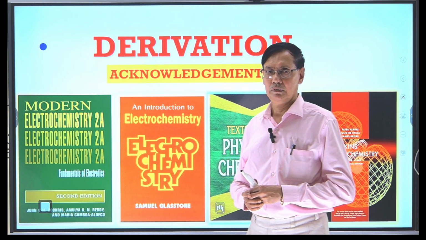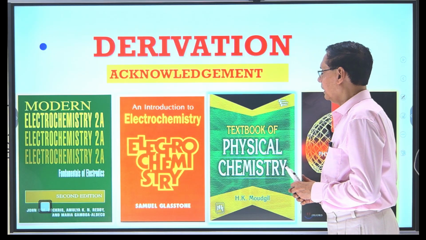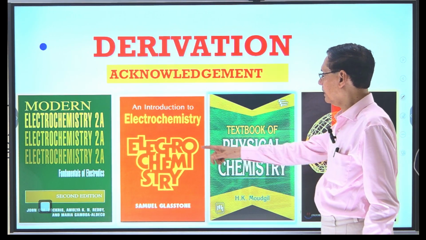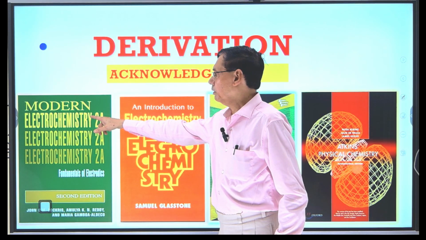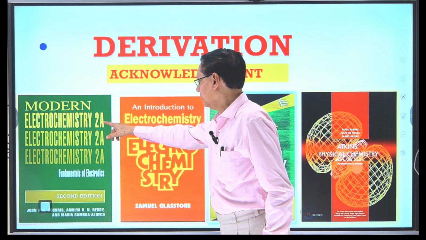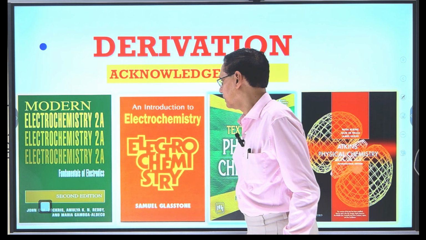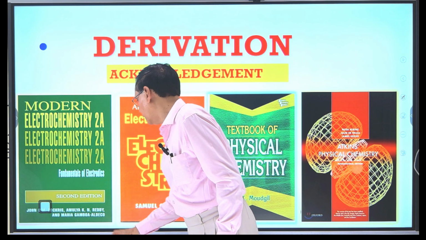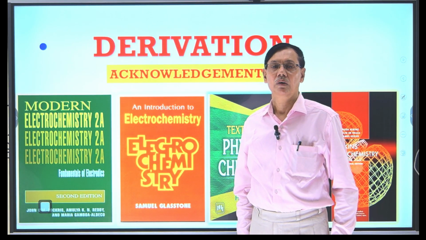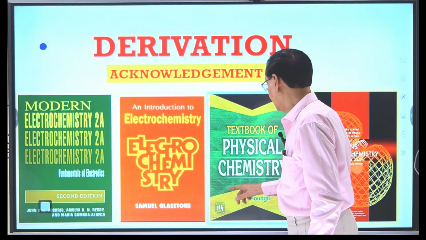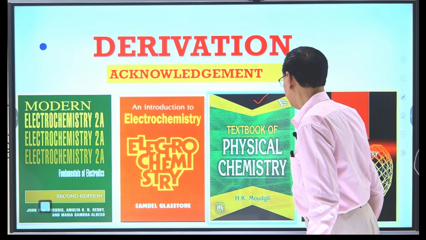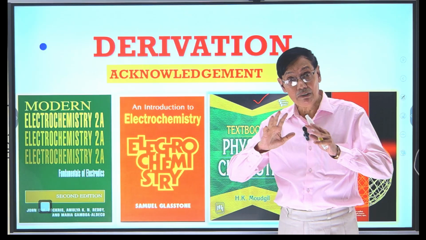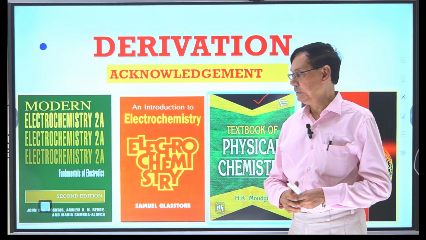And let me frankly tell you that for the complete derivation, I have referred to this very, very famous book, Modern Electrochemistry, Volume 2, Fundamentals of Electrodics, second edition by Bockris, Reddy and Gamboa-Aldeco. And for the derivation, I have also taken this book, Textbook of Physical Chemistry by Glasstone.